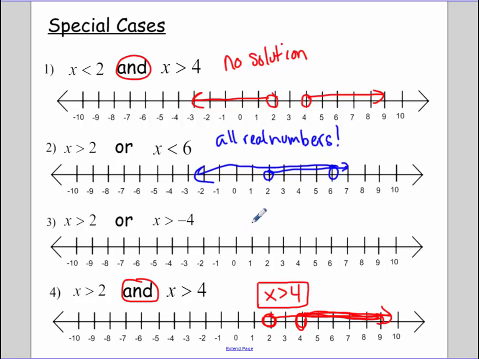Next, greater than 2, or greater than -4. Which solutions make one or the other one true? All of these numbers between -4 and 2 are a possible answer for one or the other. -3, -2, -1, all these numbers in here are definitely greater than -4. So our answer here would be greater than -4.